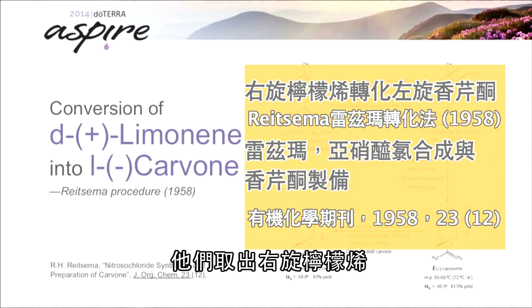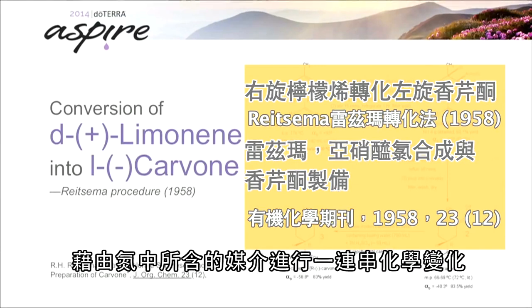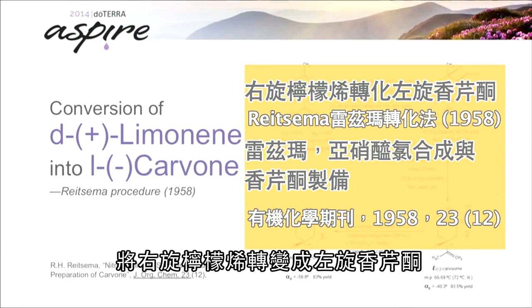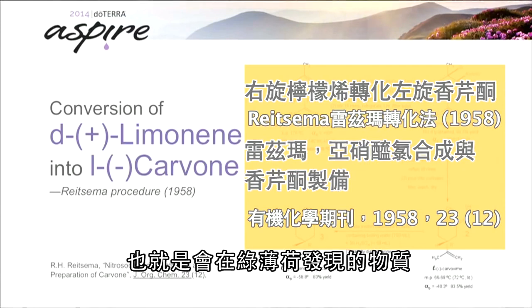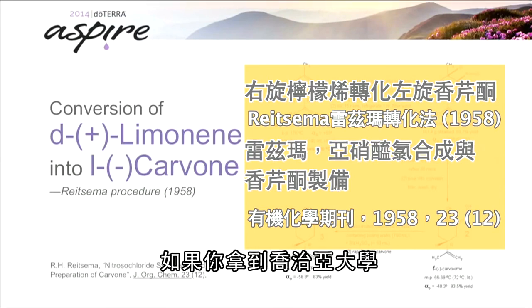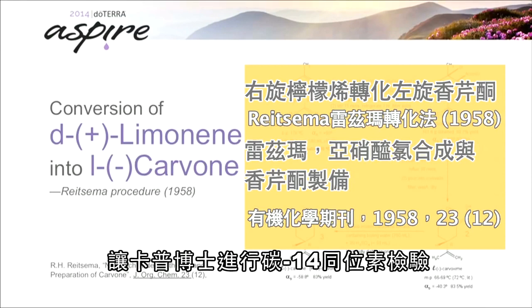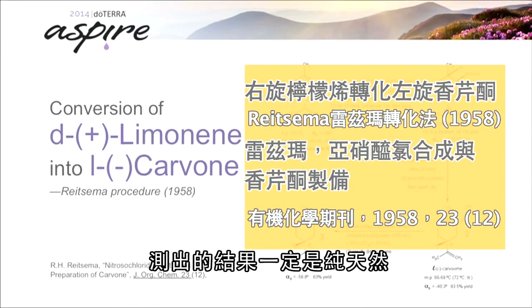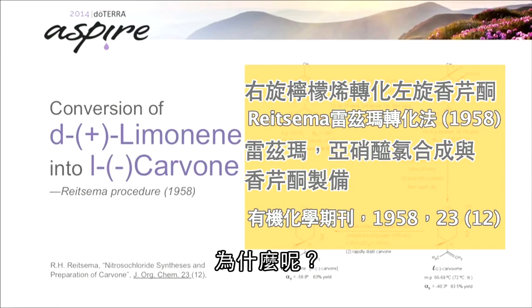They take the D-limonene, they react it through a series of reactions with a nitrogen-containing reagent that enables the conversion of D-limonene to L-carvone, which is also found in spearmint. This L-carvone, if you test it at the University of Georgia, have Dr. Culp run that C14 isotope test, will test completely natural. Why?